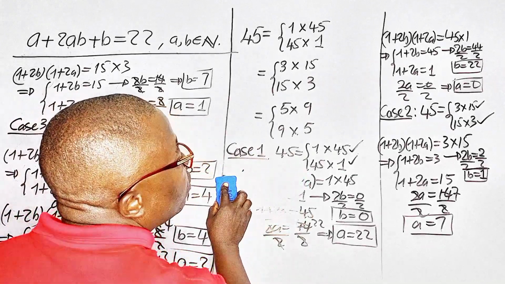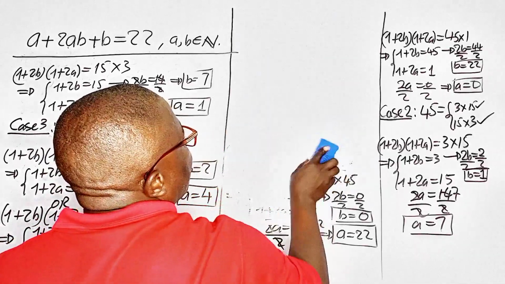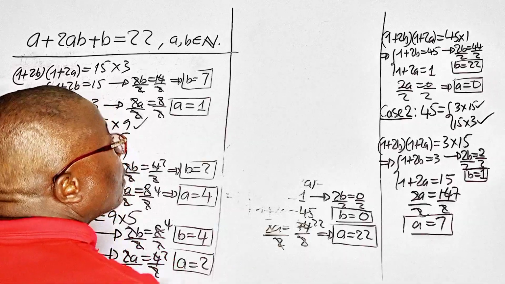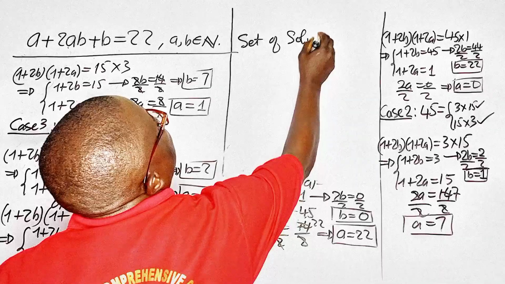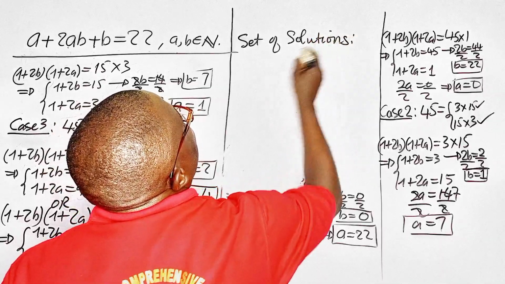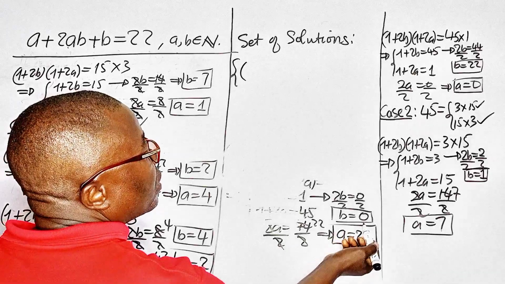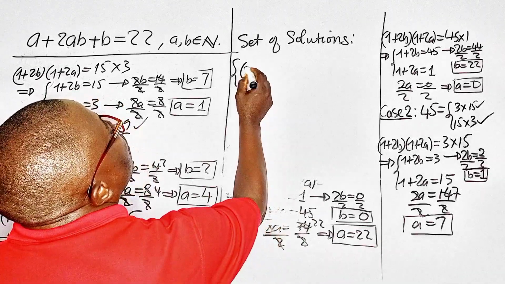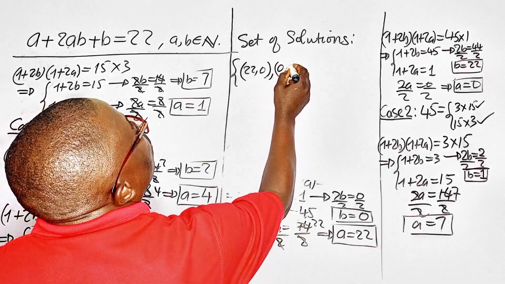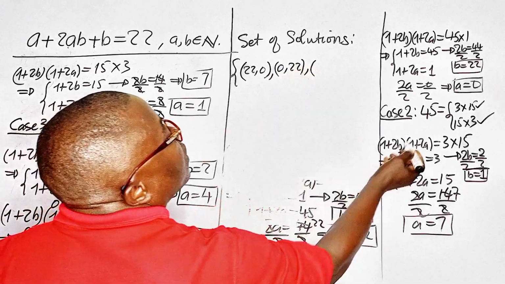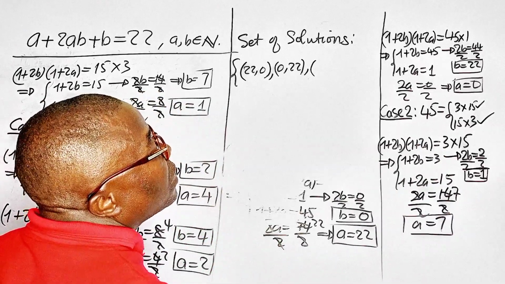The set of solutions will be, in the first case we had 22, 0 or 0, 22. The second case we have 1, 7, or 7, 1.